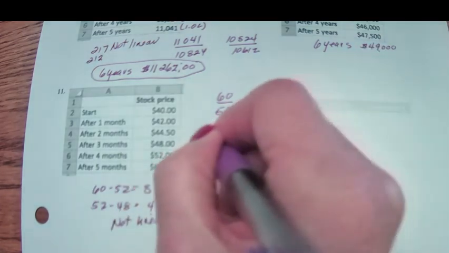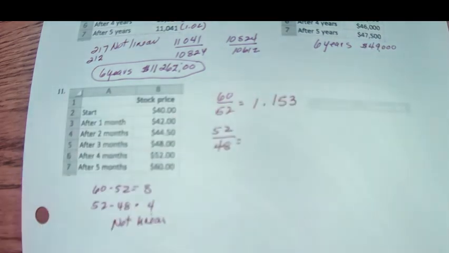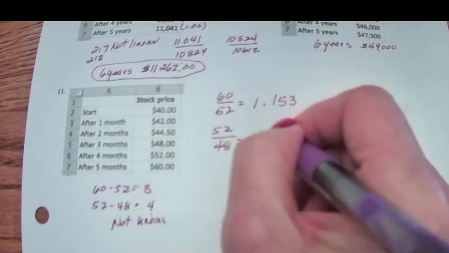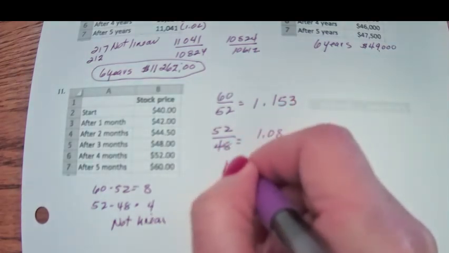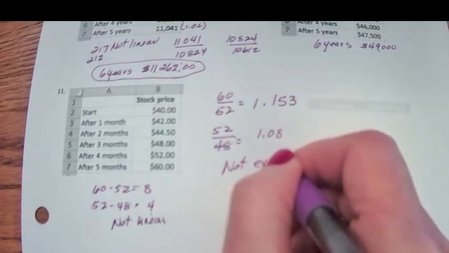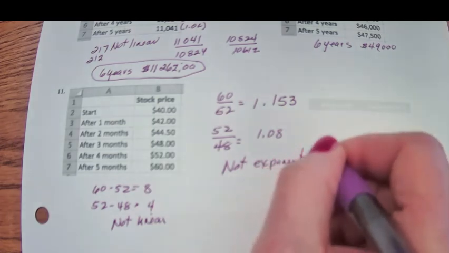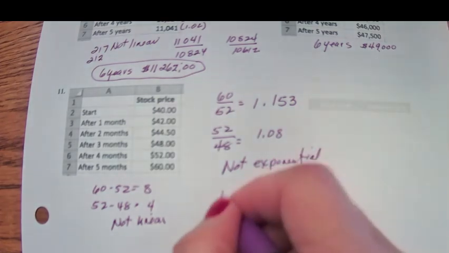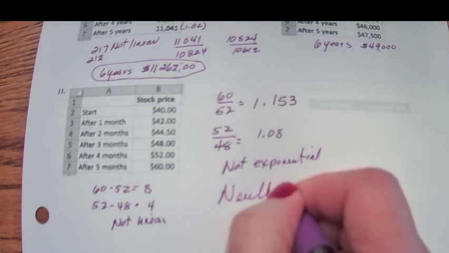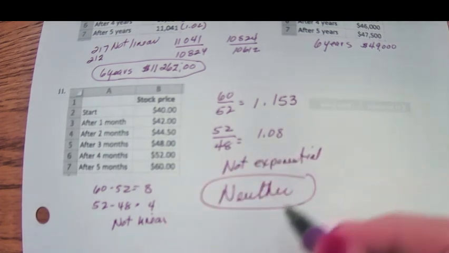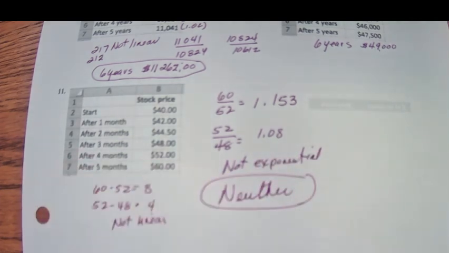Now what is 52 divided by 48? 1.08. Okay, it's not exponential either. So we would say this is neither linear nor exponential. So there's no way we can determine what would happen after 6 months.